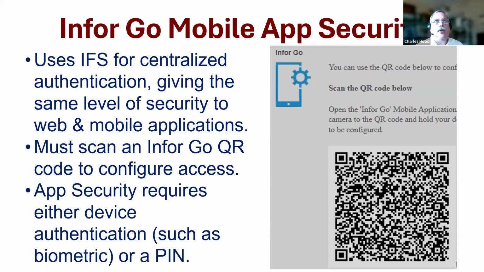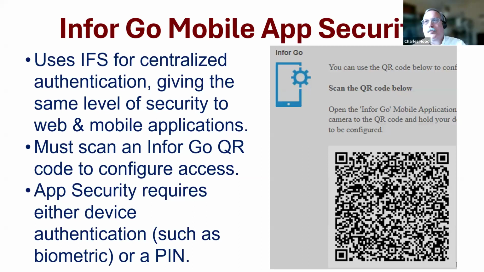First of all, both Infor Go and the desktop web browser version use the IFS for centralized authentication. So you have the same level of security for the web version and the mobile applications. In order to even access Infor Go, initially, you do have to scan a QR code from the desktop web version.